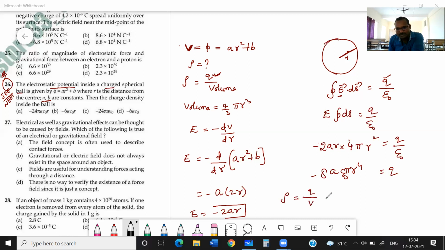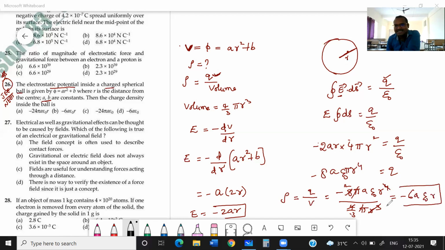Now substitute this q to get the charge density rho, as q by volume. The q value is minus 8 pi a epsilon naught r to the power 4, divided by 4 by 3 pi r cube. Pi cancels, 4 twos are 8, r cube cancels with r, and 3 goes to the numerator, so you have minus 6 a epsilon naught r.